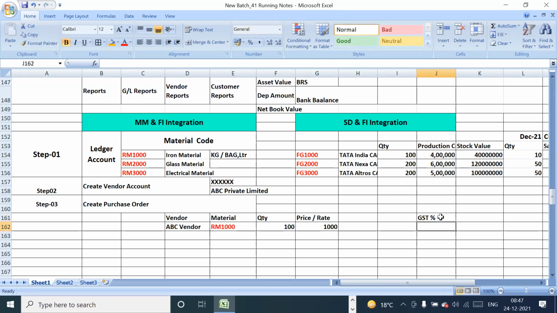Then what else? Total amount. We'll get the total amount automatically. How much is the total? 100 quantity into 1000 rupees. 1 lakh is the purchase value.